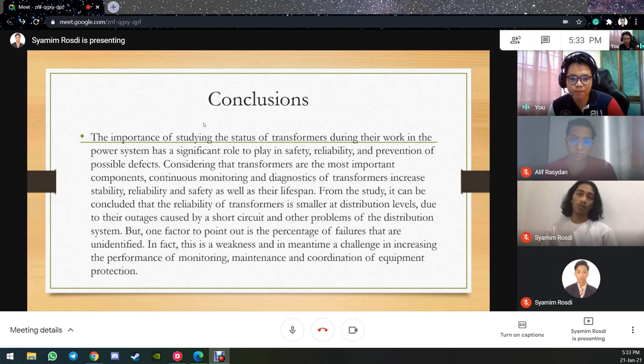From the study, it can be concluded that the reliability of transformers is smaller at distribution level due to outages caused by short circuits and other problems of the distribution system.